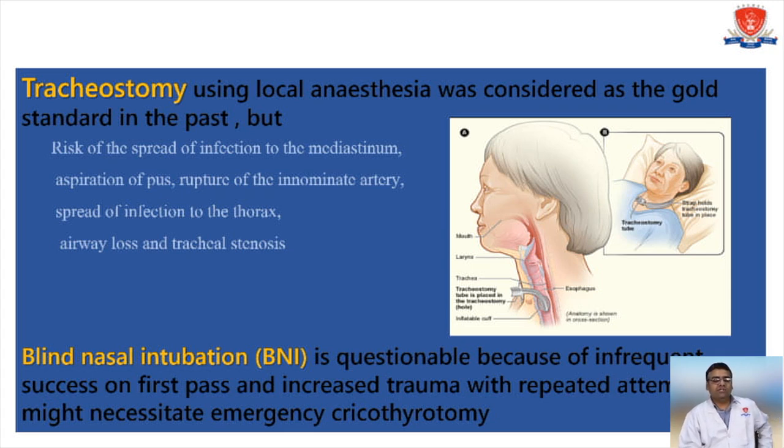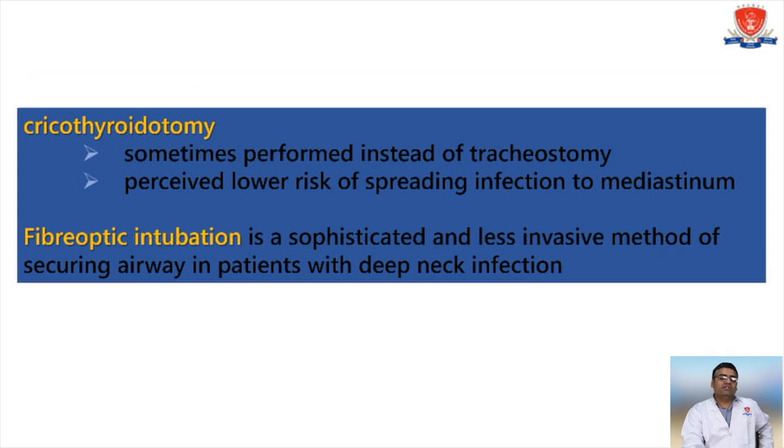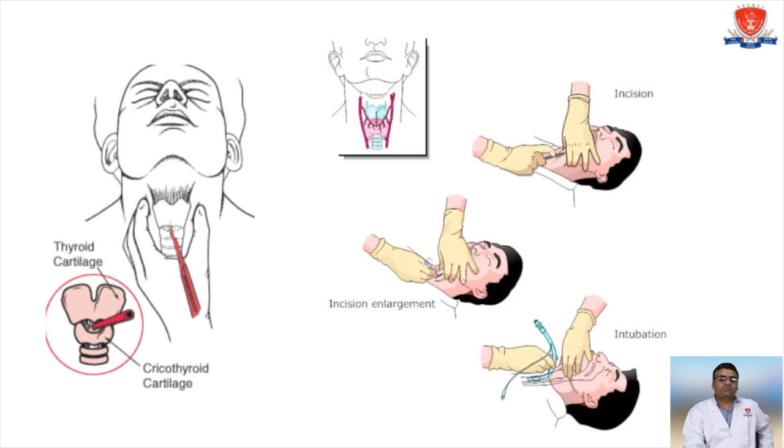Blind nasal intubation is questionable because of infrequent success on the first pass and increased trauma with repeated attempts, and might necessitate emergency cricothyroidotomy. Cricothyroidotomy is sometimes preferred instead of tracheostomy, with perceived low risk of spread of infection to the mediastinum. Fiber optic intubation is a sophisticated and less invasive method of securing the airway in a patient with deep neck infection.